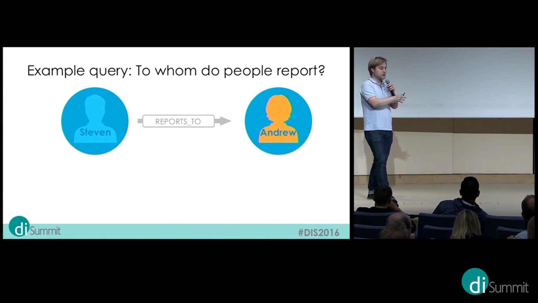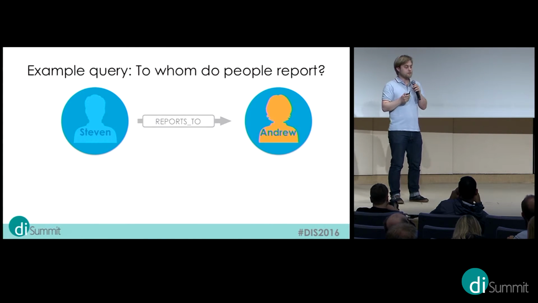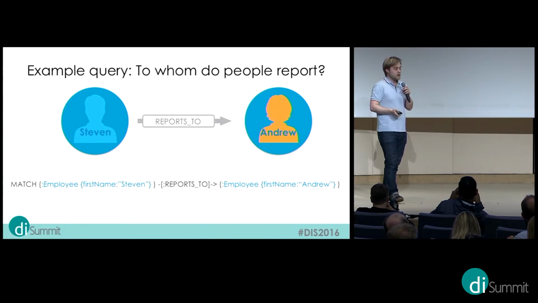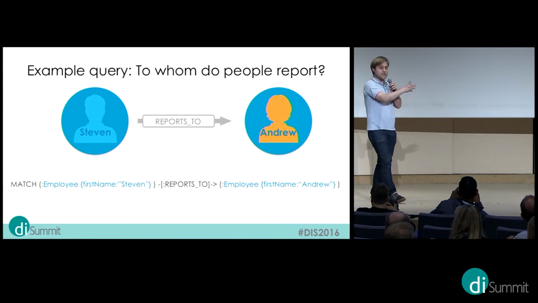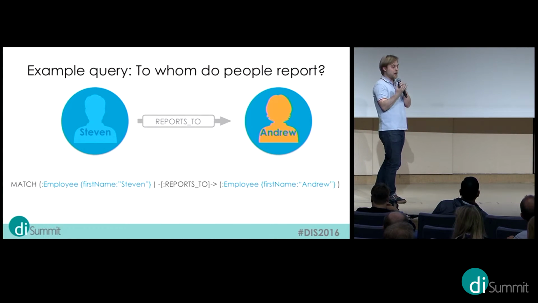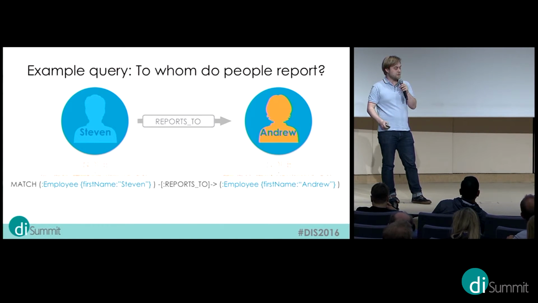So if, for example, we have a query like this, where we have a graph where Stephen reports to Andrew, how would we query that? Well, we write that same thing as an ASCII pattern. So we'll match, that's the keyword for defining, this is the pattern of what I want to match. An employee, that's the label.